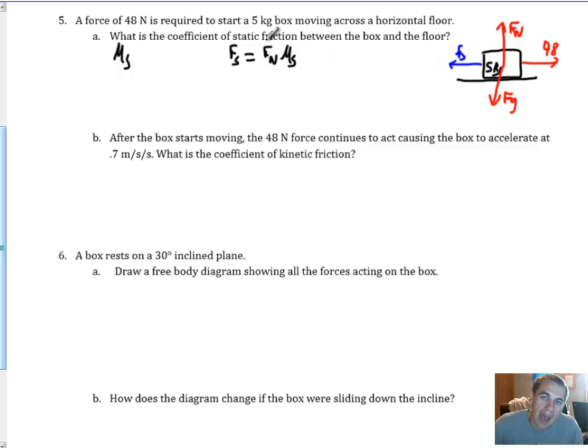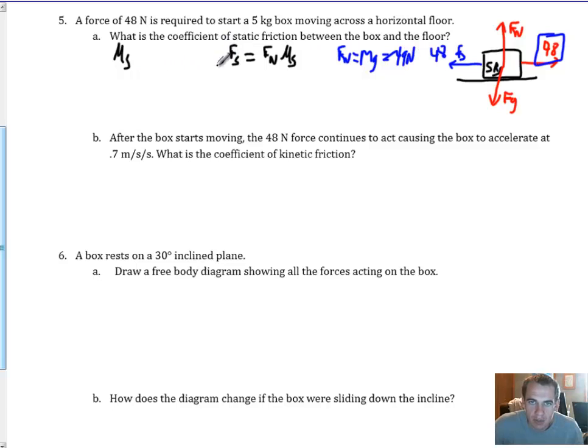And remember, the maximum static frictional force is the force required to start an object in motion, starting friction. So basically, if this is 48 newtons this way, I know that the static frictional force is 48 newtons the other way. And the normal force is just mg in this equation because gravity is straight down and the normal force is straight up. So that's 5 times 9.8, which is just 49 newtons.